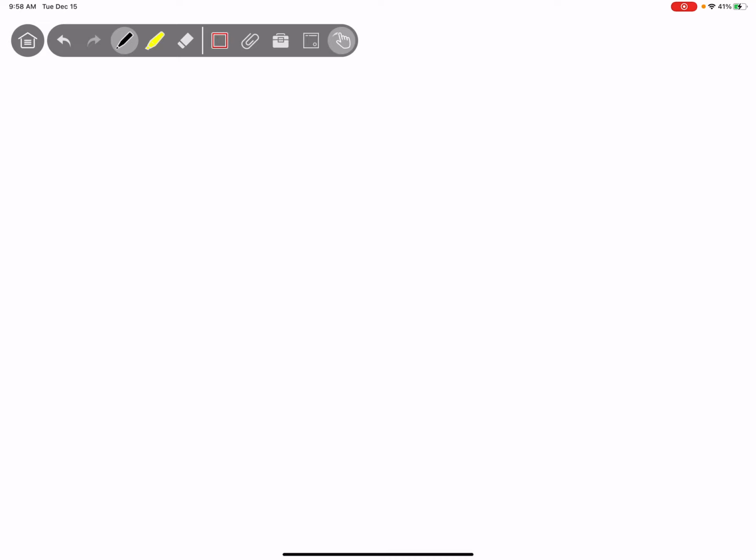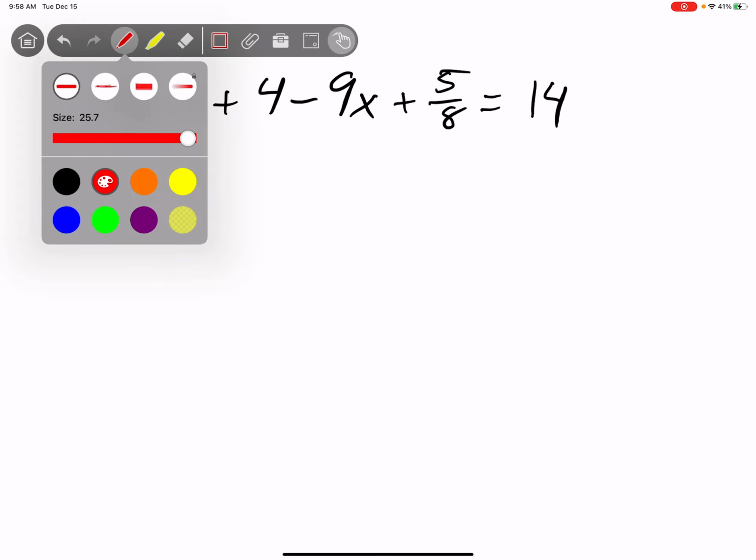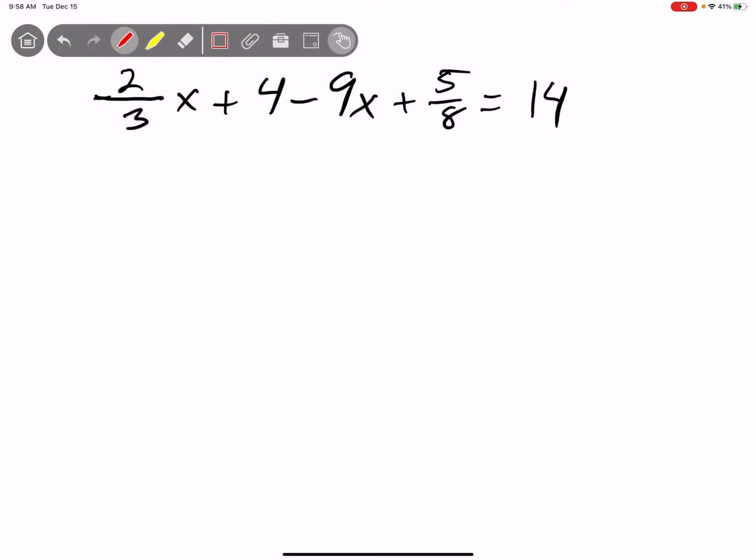Let's do 2/3 x plus 4 minus 9x plus 5/8 equals 14. Well, I've got a bunch of fractions. I've got some whole numbers, which is nice. What do I do now?